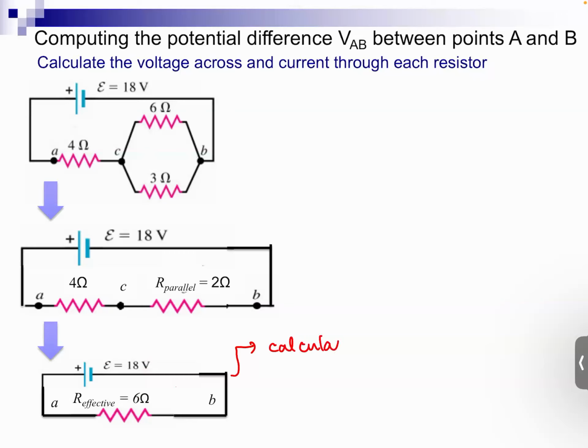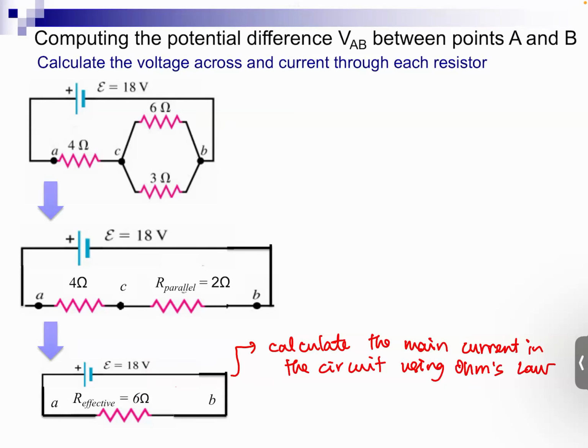From this circuit here, we can calculate the main current in the circuit using Ohm's law. That's the whole idea of why we wanted to simplify these 3 resistors into a single resistor: the objective is to achieve this simplest circuit, which contains a single battery and a single resistor, because then we can easily apply Ohm's law. V is equal to IR.